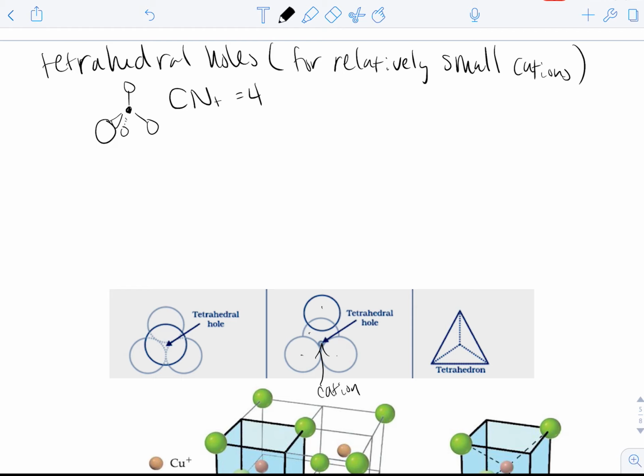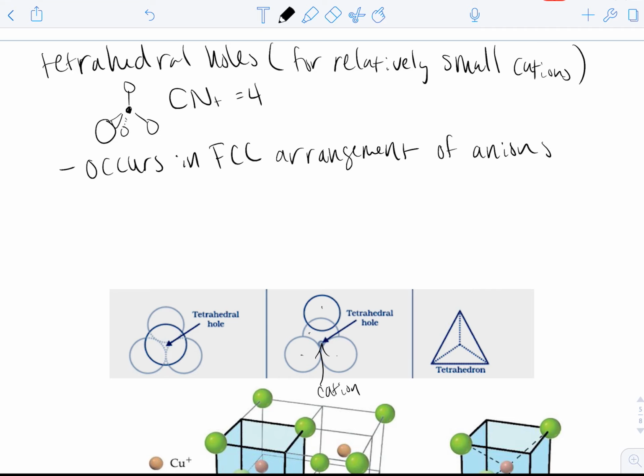So this also occurs in a face-centered cubic arrangement of anions.